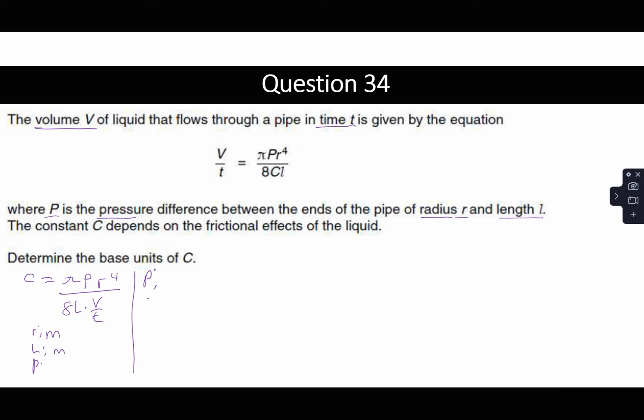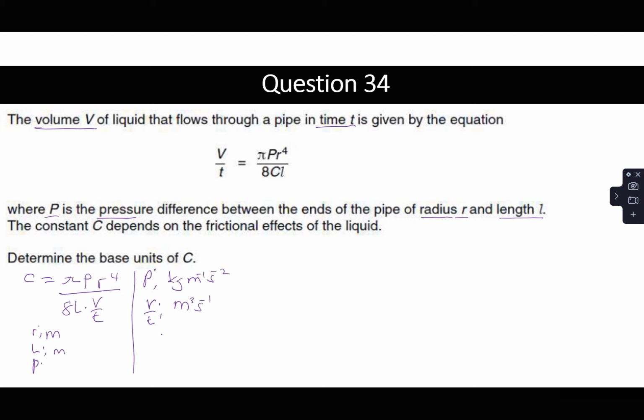Listing the units: R radius, base units meters; L length, base units meters; and then P is pressure. Pressure is force over area, so that is kilogram per meter per second squared. And then V over T, I will take as one quantity, volume per unit time, meters cubed per second. So we now substitute.